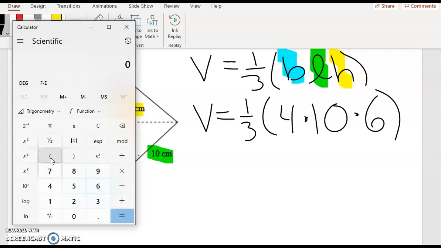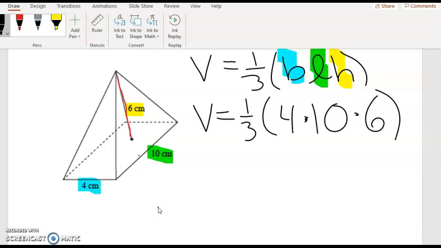So 1/3, we're going to do our parenthesis, 1 divided by 3. Okay, and we get that 0.33333333. We know that it's weird, but that is 1/3 times 4 times 10 times 6. And that gave us a nice happy round number of 80.